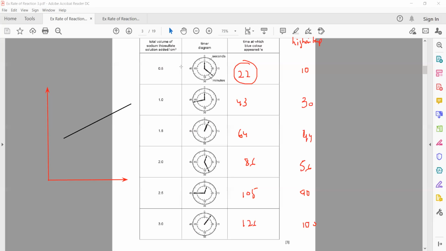If I plot the results for the second graph, which is faster, the same trend will be there, but it will take less time for the blue color to appear. In the first graph, it was initially taking 22 seconds, but in the second experiment it is taking 10 seconds to appear. That's why it is faster at a higher temperature. Is this clear? This will be the shape of the graph you will have when you complete this exercise.